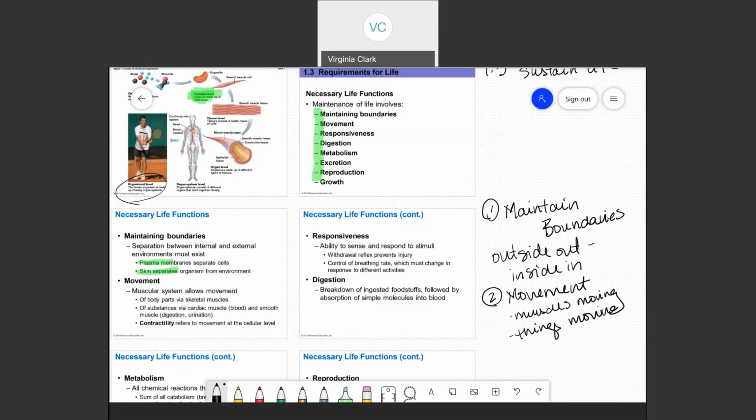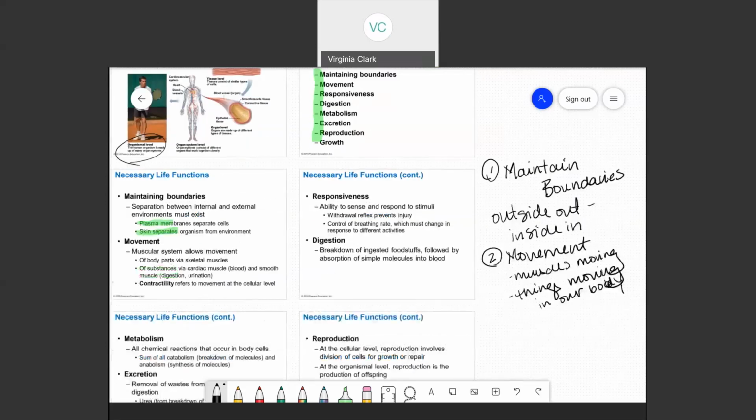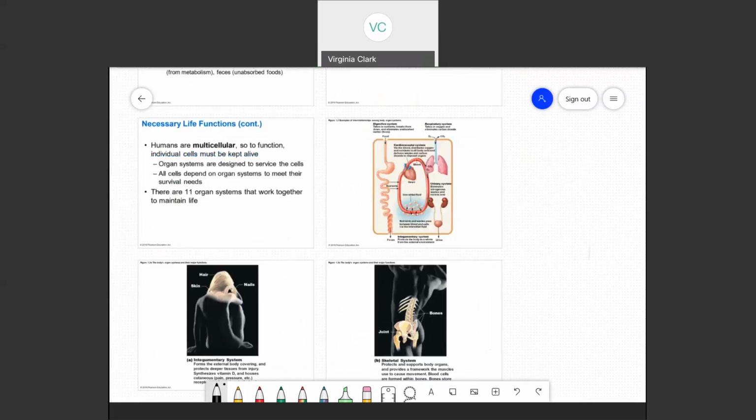So we have it on the outside, the large perspective, and then the micro perspective. We have to be able to move things from point A to point B. That's entirely important for maintaining life.